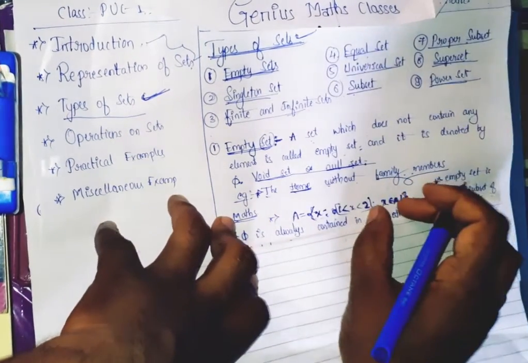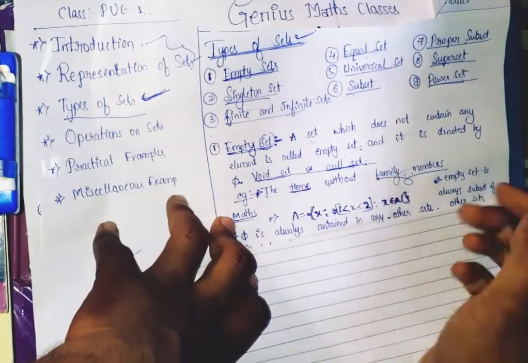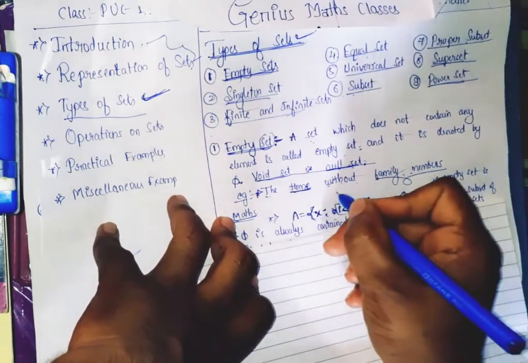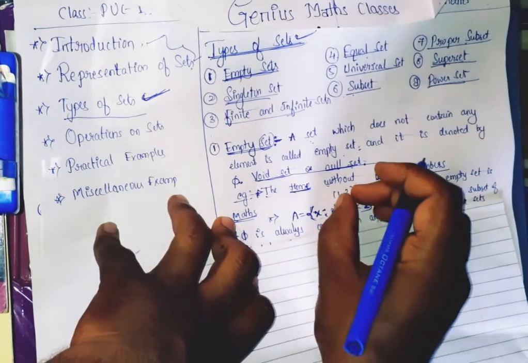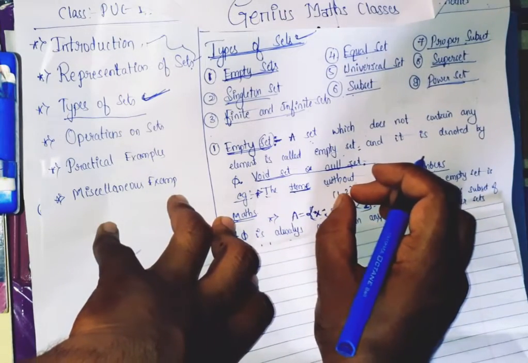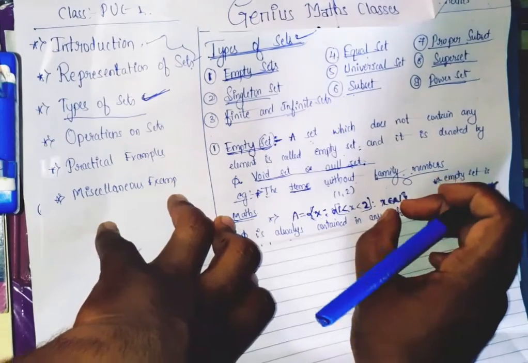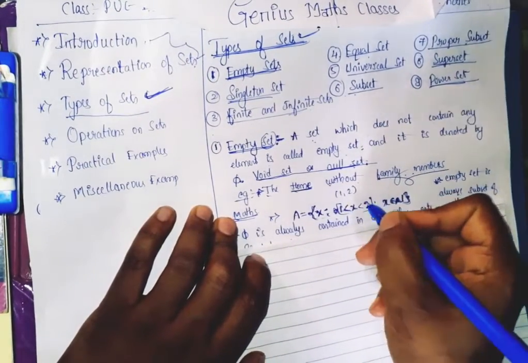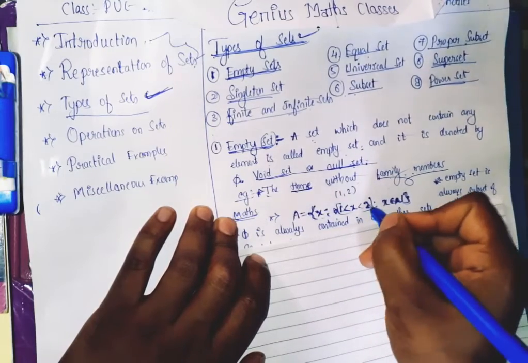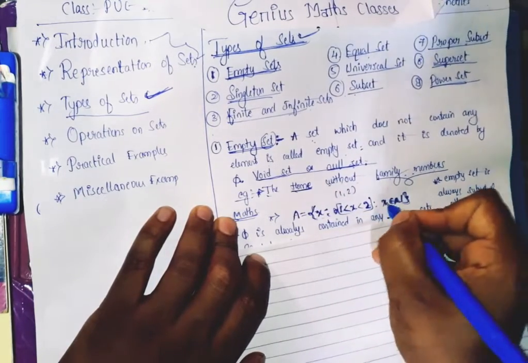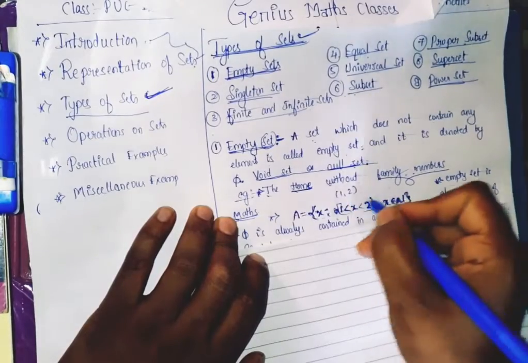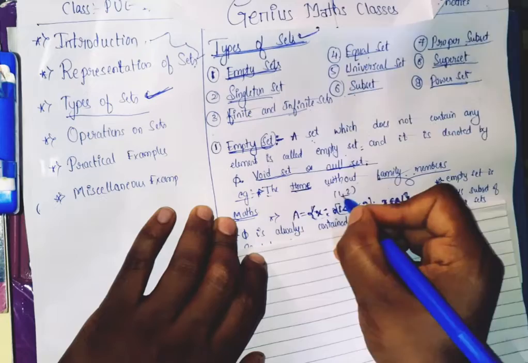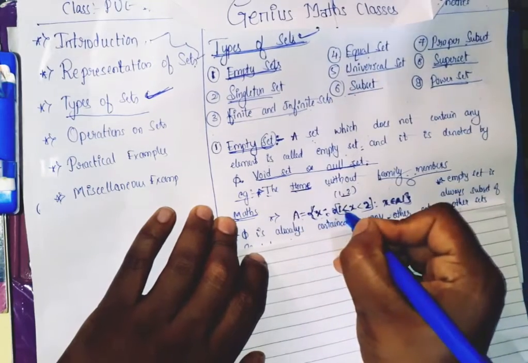Our interval is 1 and 2, where there doesn't exist any x which belongs to natural numbers. So there are no natural numbers belonging to this interval. That is why this set is empty.